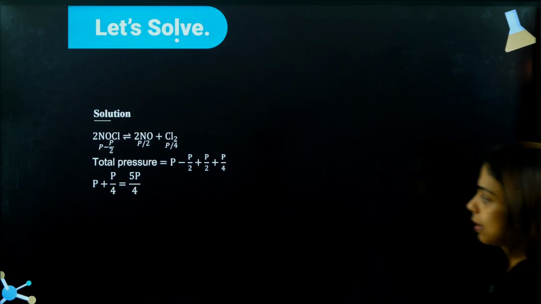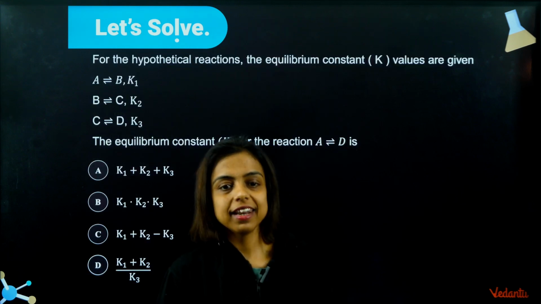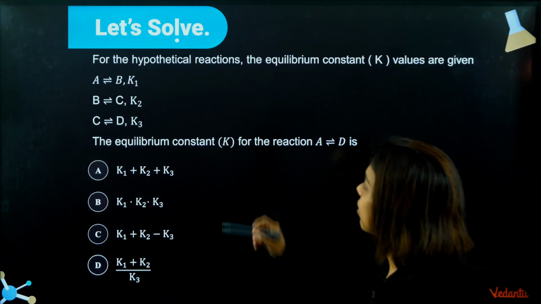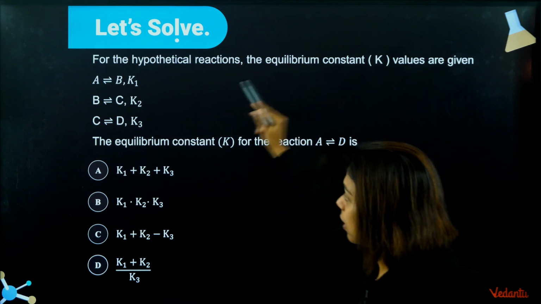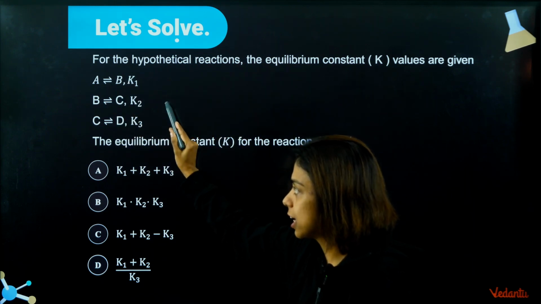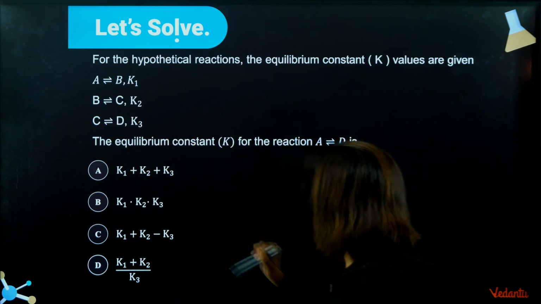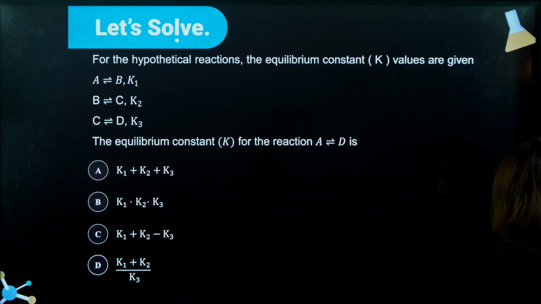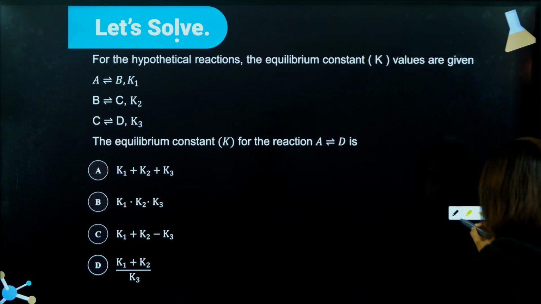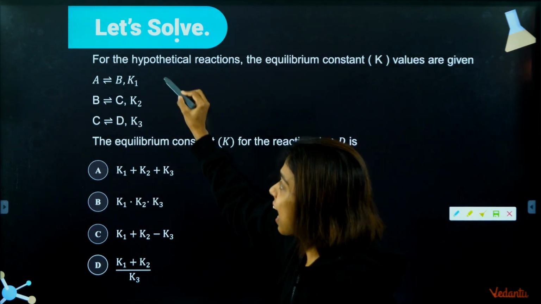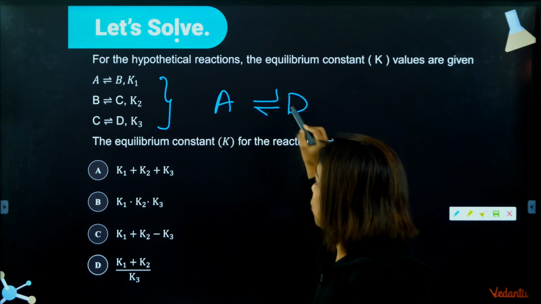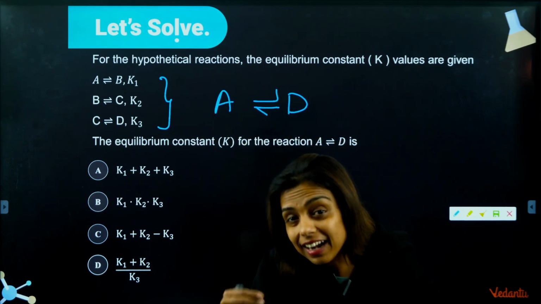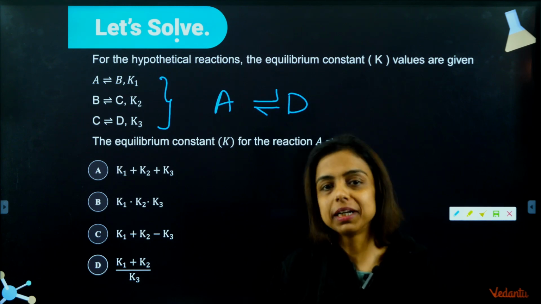Okay. Let us move to the next question. Now the question we have here is, for a hypothetical reaction, the equilibrium constants are given. A to B is K1, B to C is K2, C to D is K3. Find the equilibrium constant for A to D. So A to D, adding these three reactions will give A to D. So जब reactions को add करते हैं तो उनके equilibrium constant multiply हो जाते हैं.